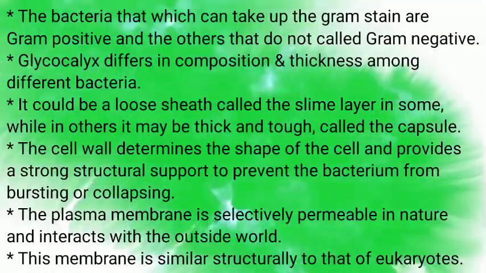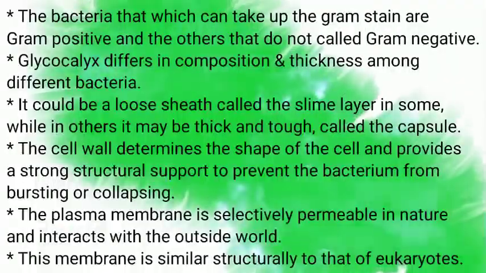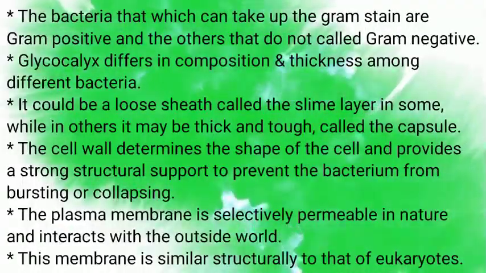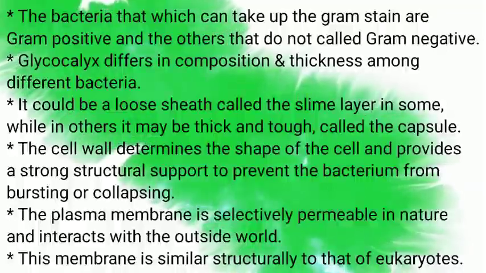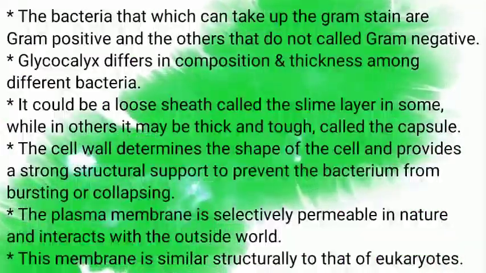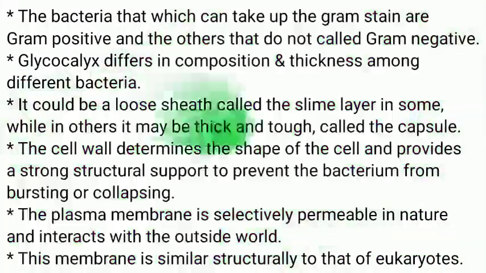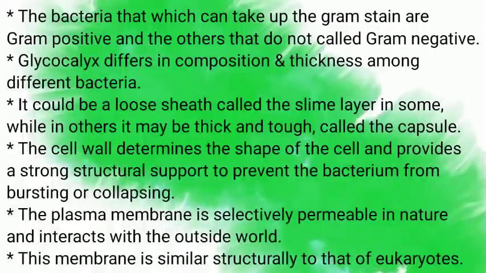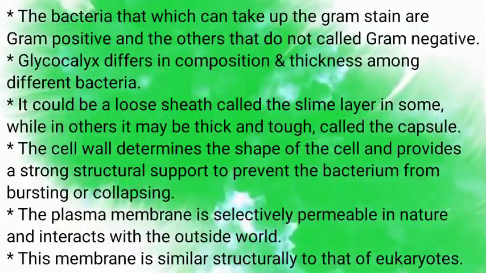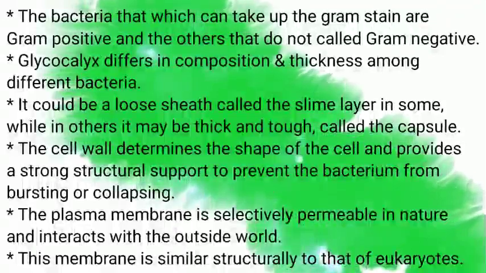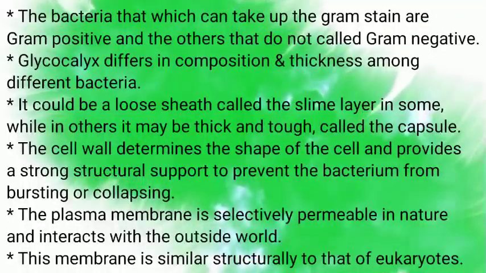The cell wall determines the shape of the cell and provides strong structural support to prevent the bacteria from bursting and collapsing. The plasma membrane is a selectively permeable membrane. This membrane is similar structurally to the plasma membrane of eukaryotes.